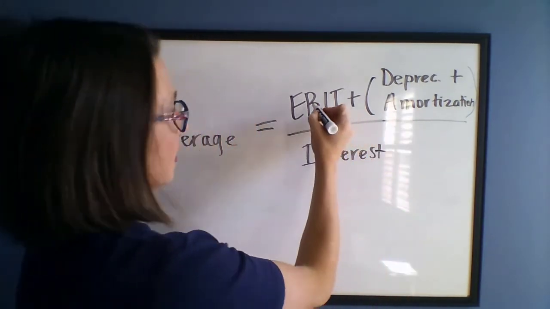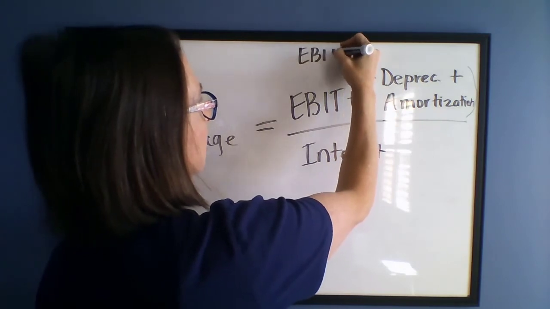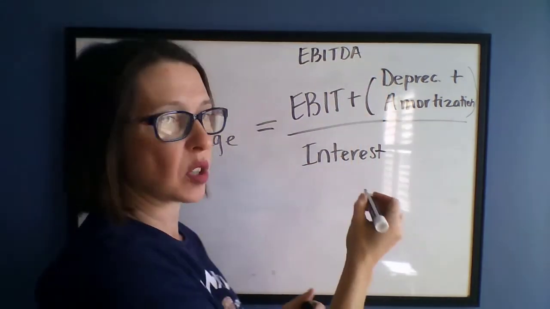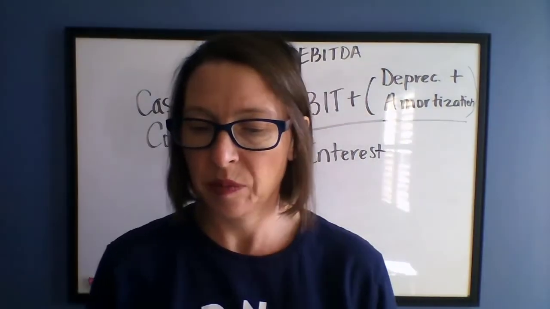This can also be expressed as EBITDA, if you hear that, it's the same thing. So it's EBITDA divided by interest. That is the cash coverage ratio.